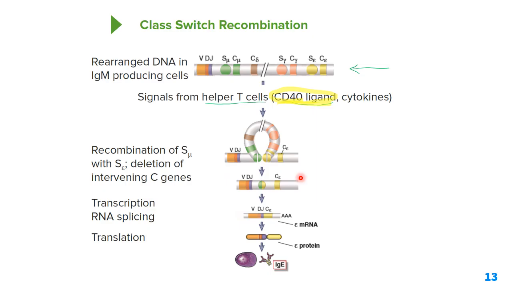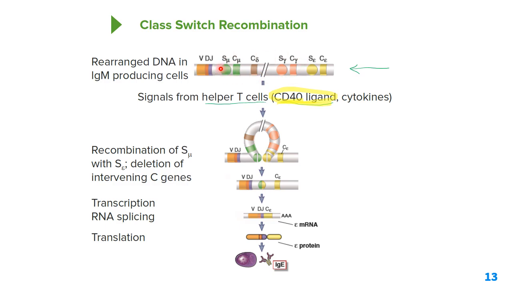So in this case, it has switched from mu, which is right here, to epsilon. So here you're going to produce IgE antibody. No more mu. Now you're going to start with your epsilon gene to produce your antibody. All this piece of the DNA gets cut out, is lost.